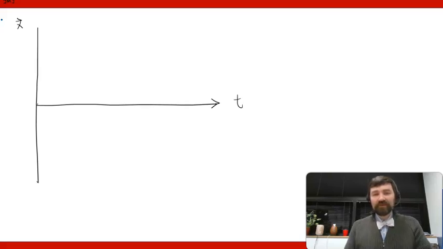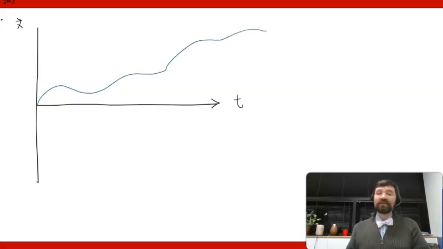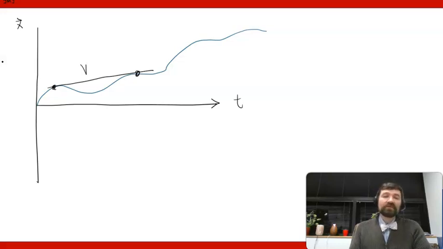Well, if the position does something like this, then to find the velocity, it's essentially the slope of a straight line running between these 2 points. The slope of this line would give me the average velocity between the 2 times on the line.